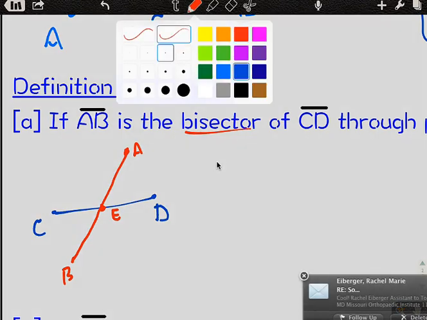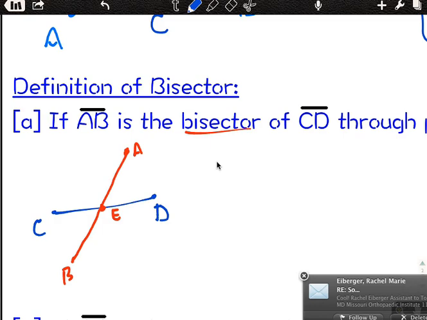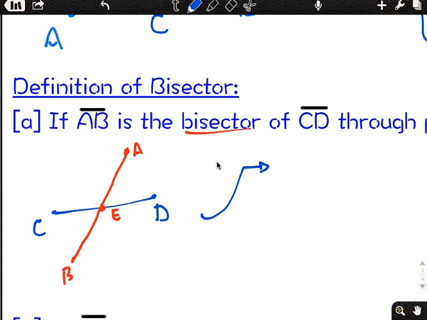And so what this authorizes us to do, on the drawing end of things, is to mark those as being cut into two congruent parts.